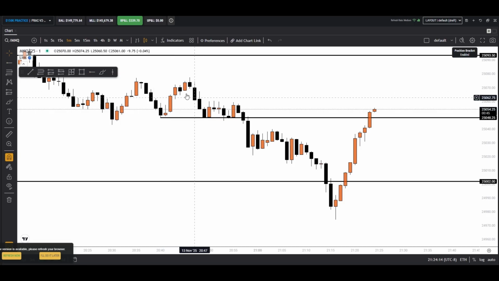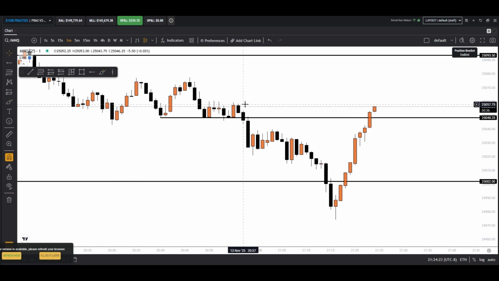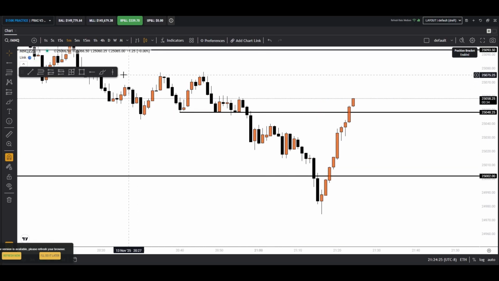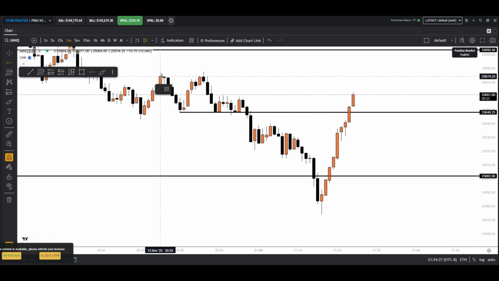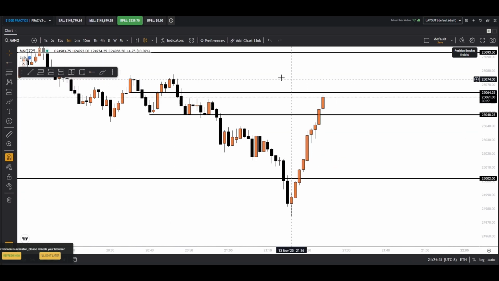If there isn't one, I'm not going to. As deep as the 1 minute order block inside of this range, it's going to be here.